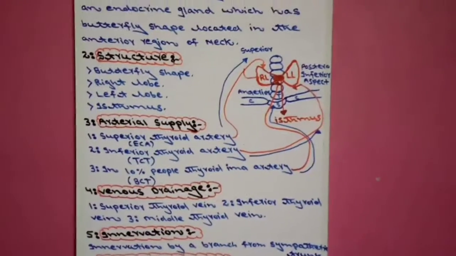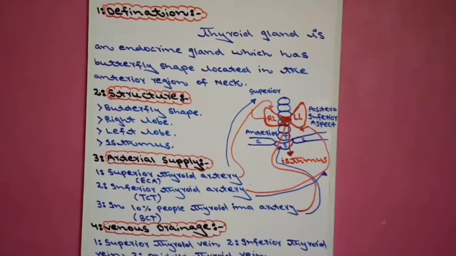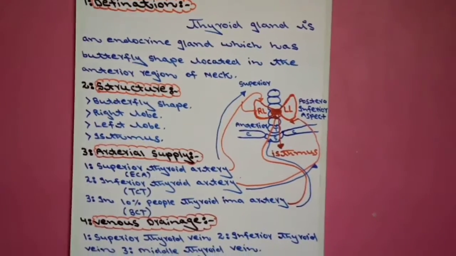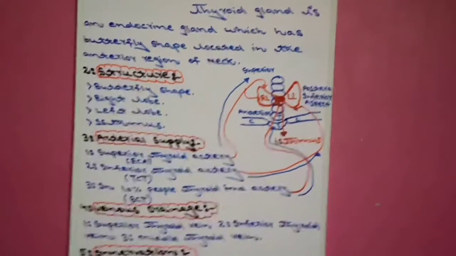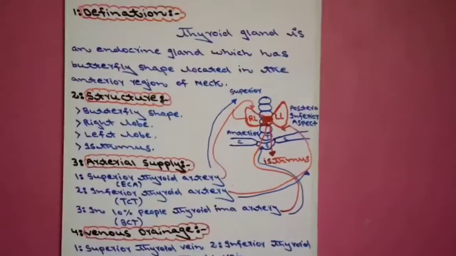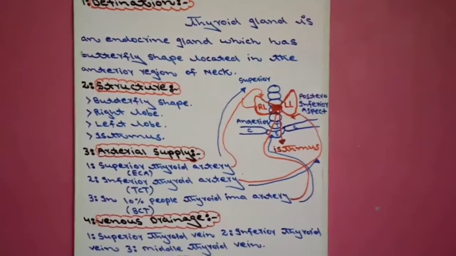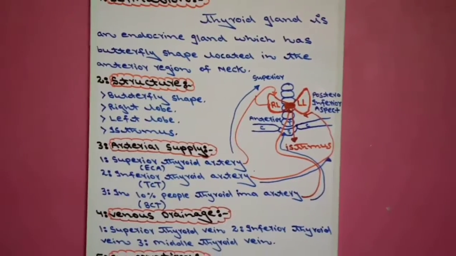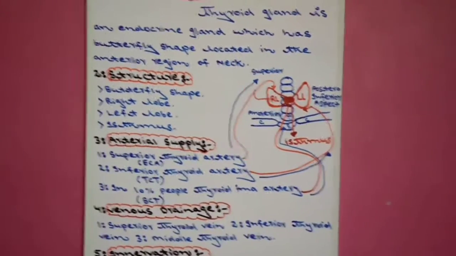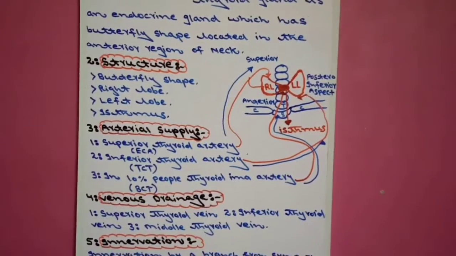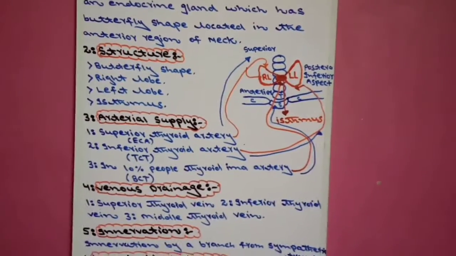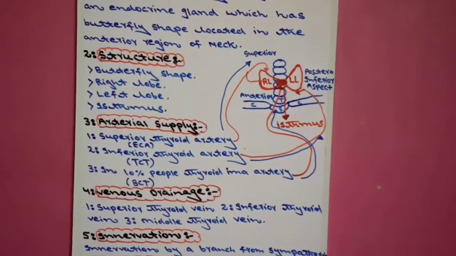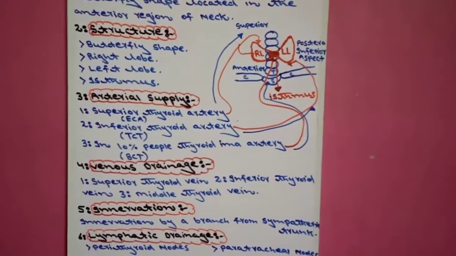This is a simple mnemonic for arterial supply, venous drainage, lymphatic drainage of thyroid gland. When we remember superior and inferior, then easily in our mind superior and inferior thyroid artery will come, superior and inferior thyroid vein will come, and superior and inferior deep cervical lymph node will come.